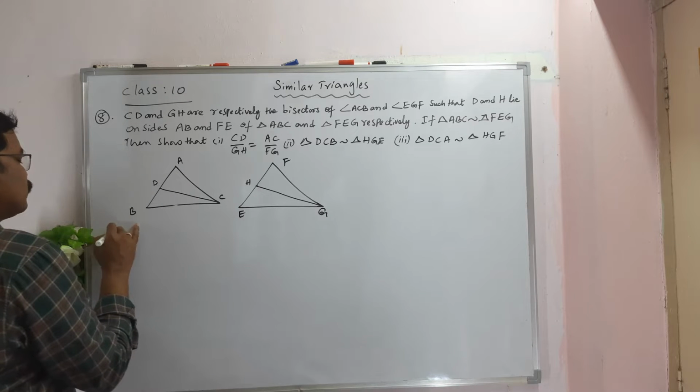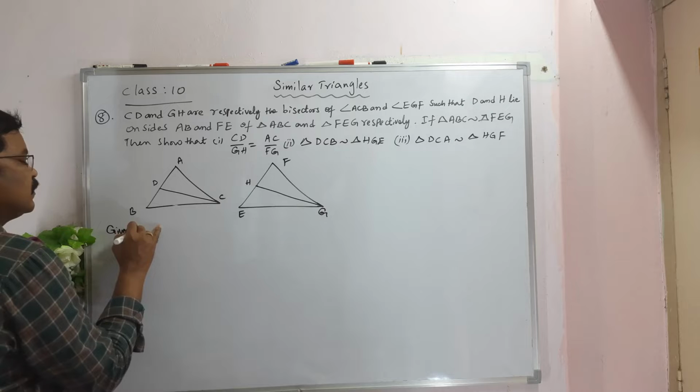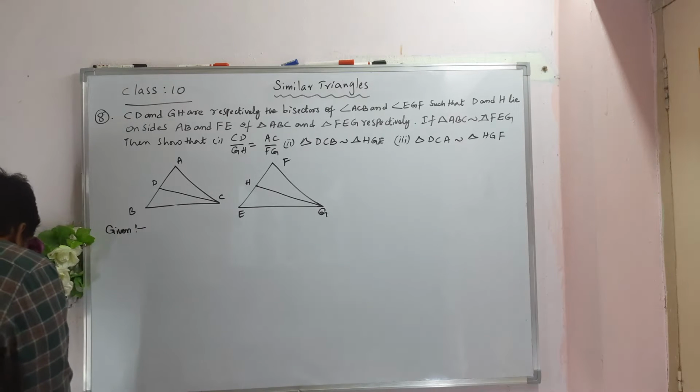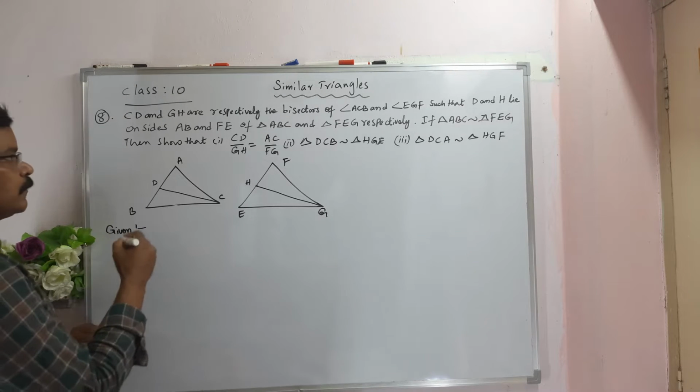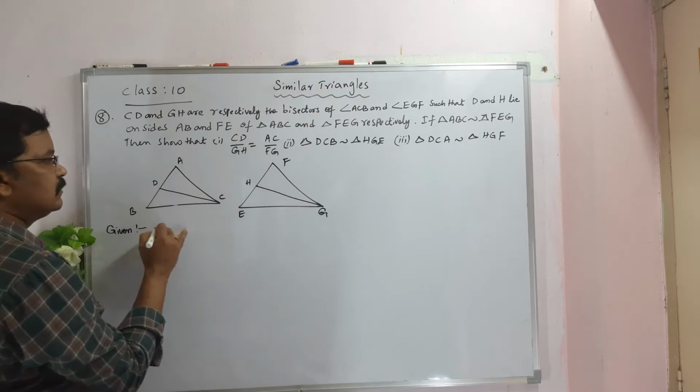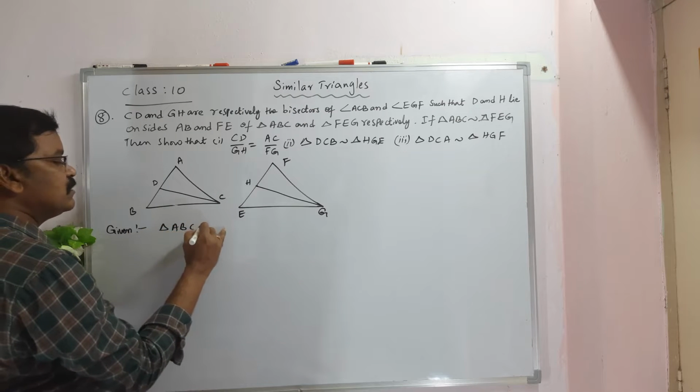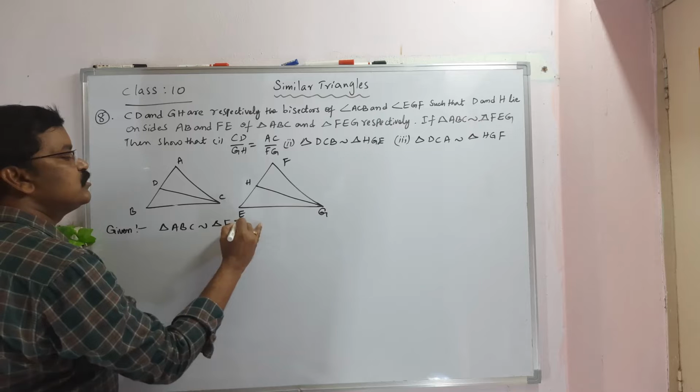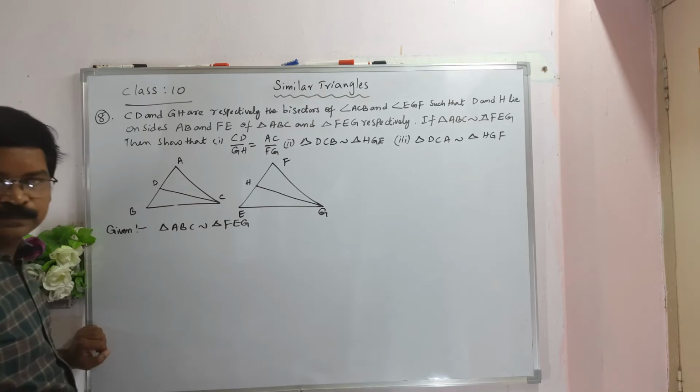First we will write what is given here. Triangle ABC and triangle FEG are similar to each other.